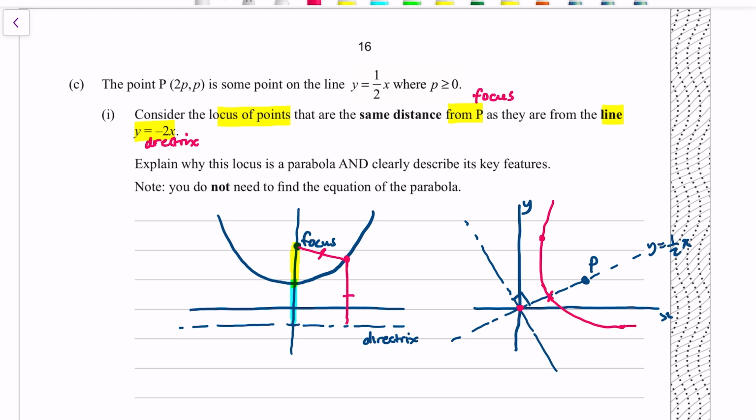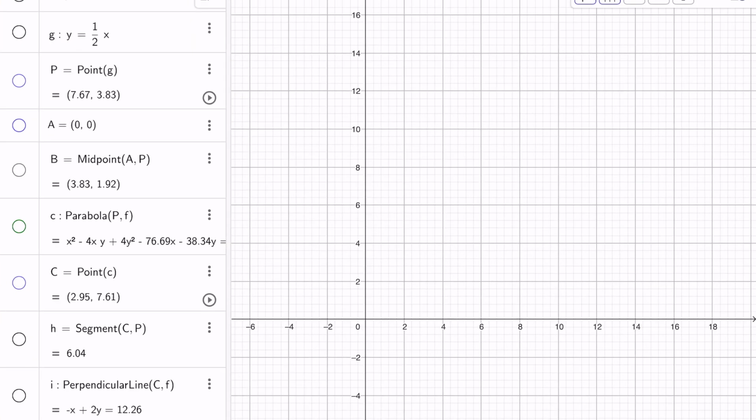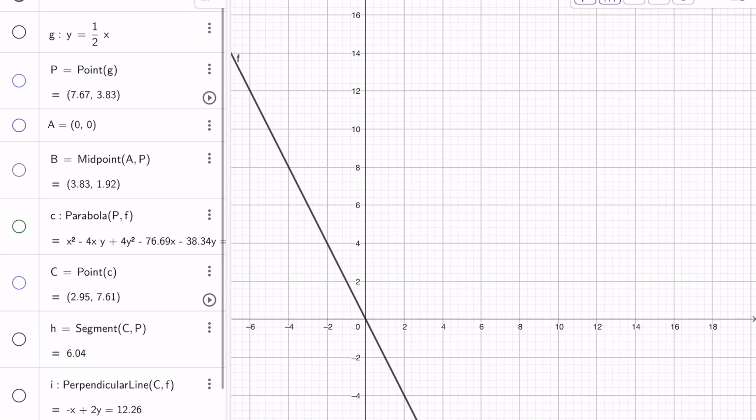So at any point on the parabola, the distance to the focus is equal to the distance to the directrix. I'm just going to show you a GeoGebra diagram that I made for this to convince you, because my drawing might not. What I did is I put in the equations of the lines that were given in the question.